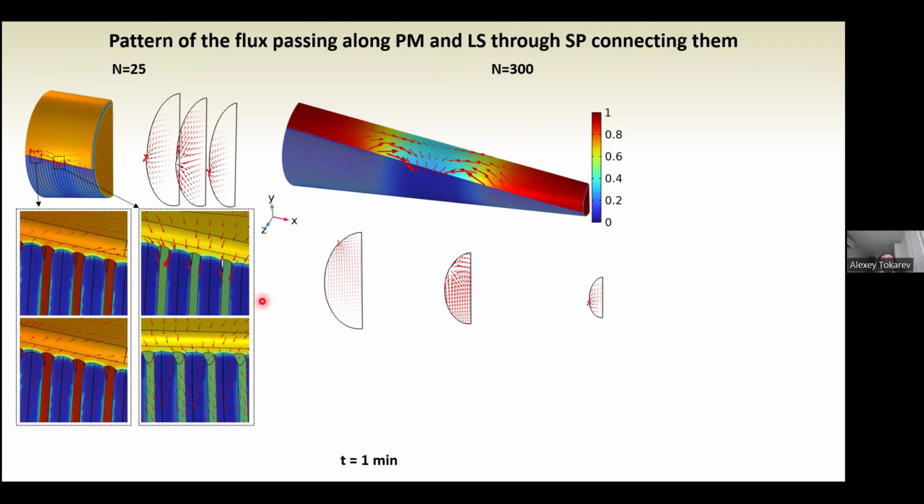Here are two examples, for a real number of lamellas, 300 lamellas, and for a small number of lamellas, just because it is easier to plot fluxes in the structure, and it is hard to plot a detailed structure here. It is all for the initial time of 1 minute after bleaching.